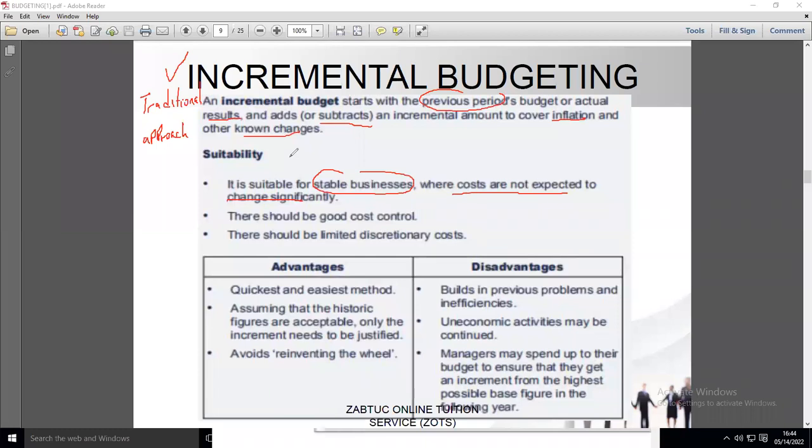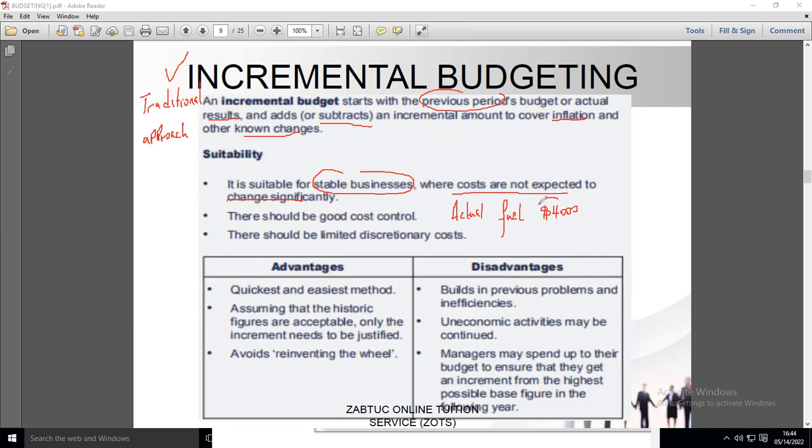There should be good cost control in place. Meaning, those actual figures should reflect a good level of efficiency. So if you say, okay, my actual figure for fuel on which I'll base next year's budget is $4,000.